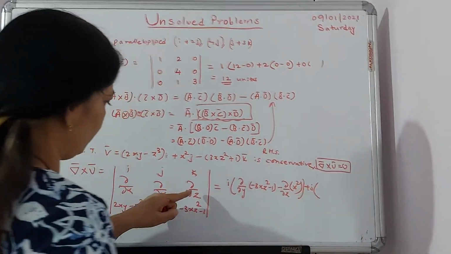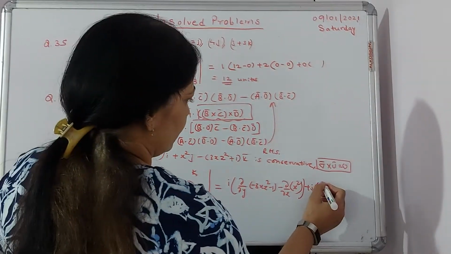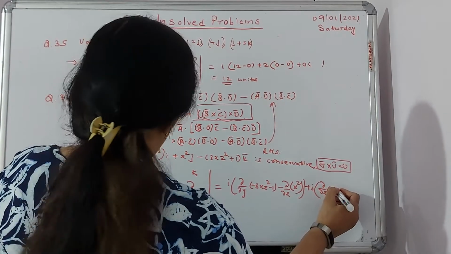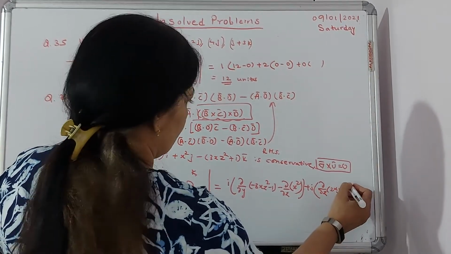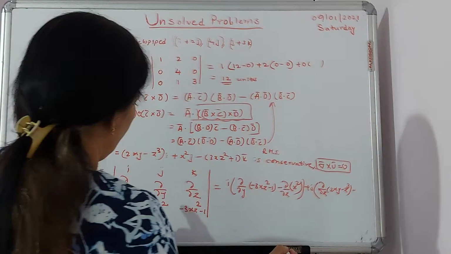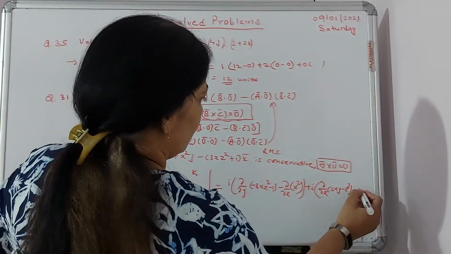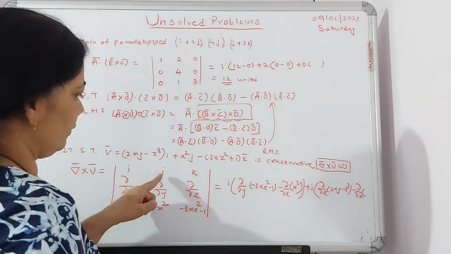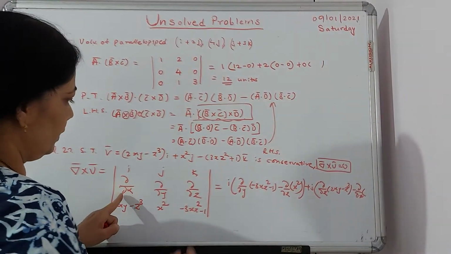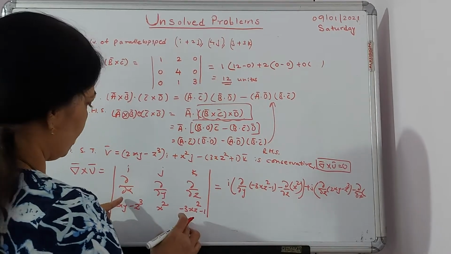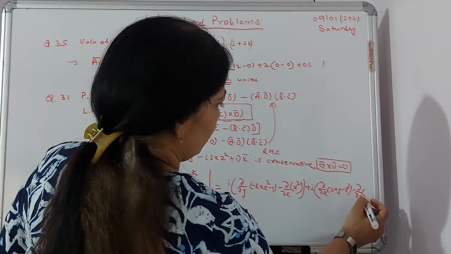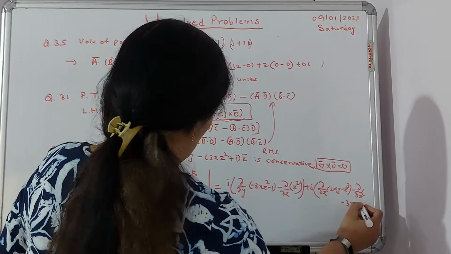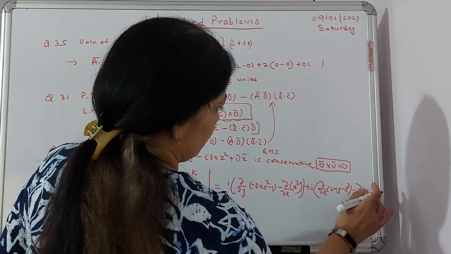Plus j, del by del z of 2xy minus z cube, minus del by del x of minus 3xz square minus 1, I write it over here.